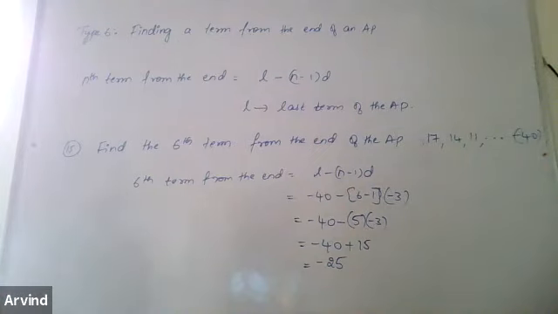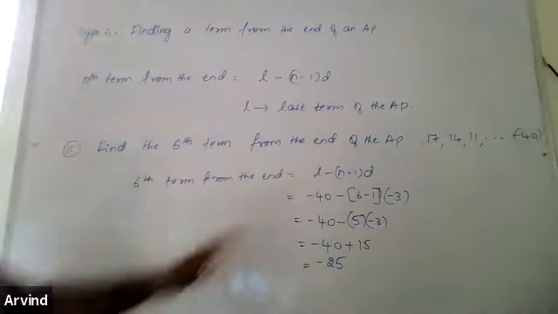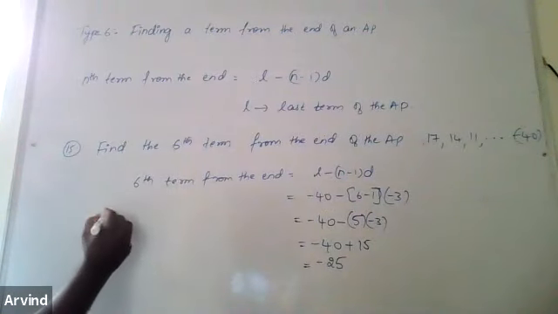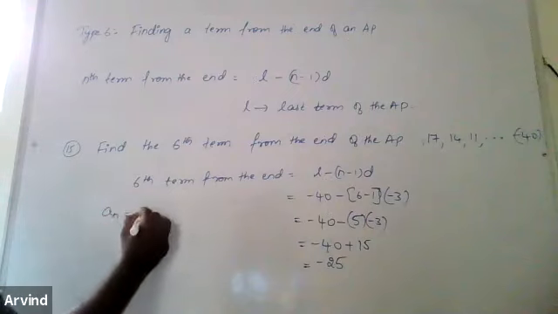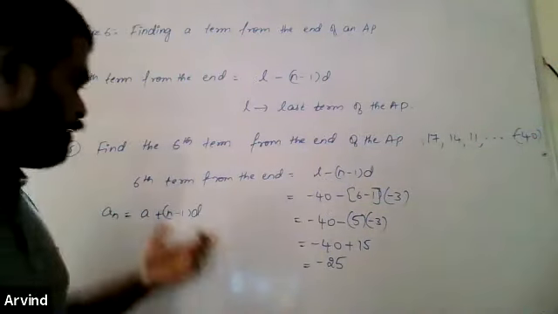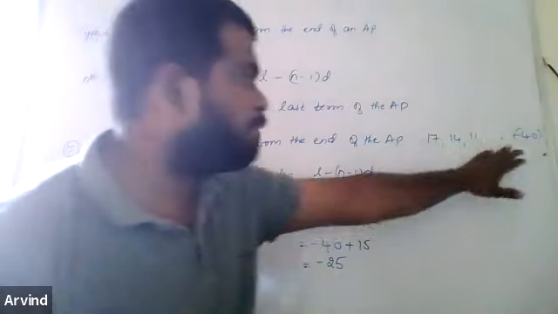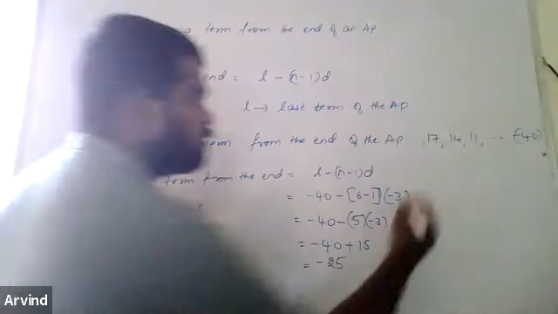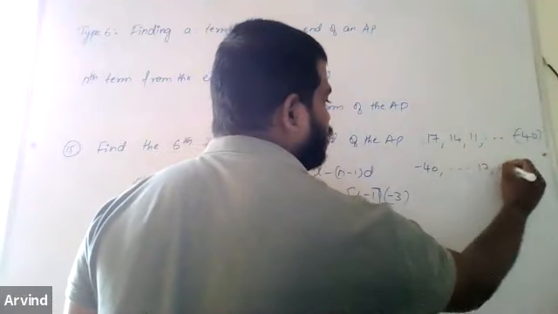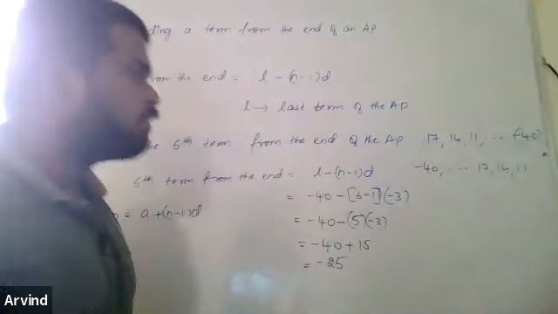So it's a very simple formula. If this formula confuses you, don't worry, you use the general formula itself. What is the general formula? a plus n minus 1 into d. Use this formula, but when using it, you have to reverse the AP. So take minus 40, so on up to 17, 14, 11, and this is your first term.